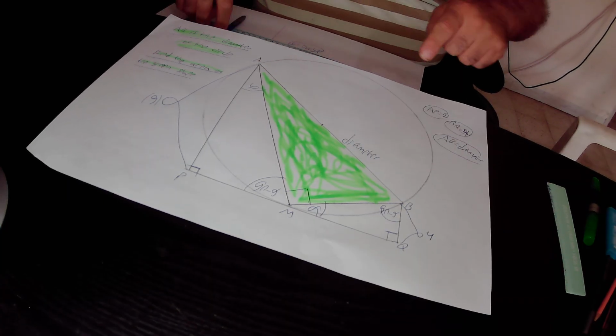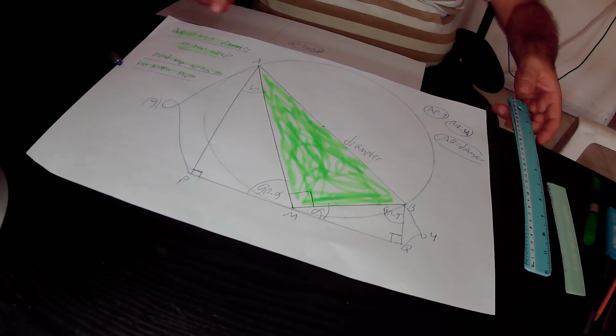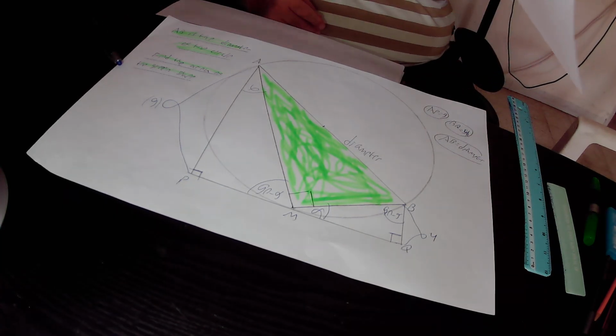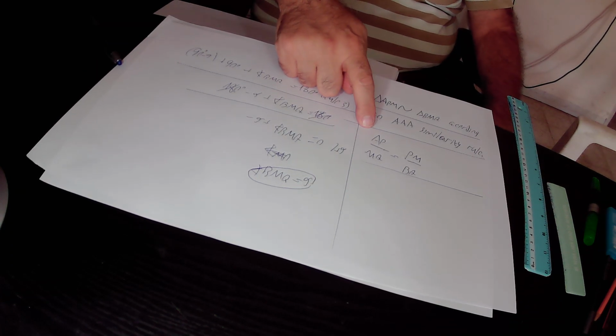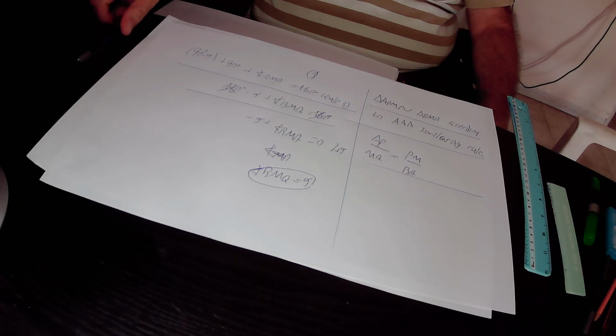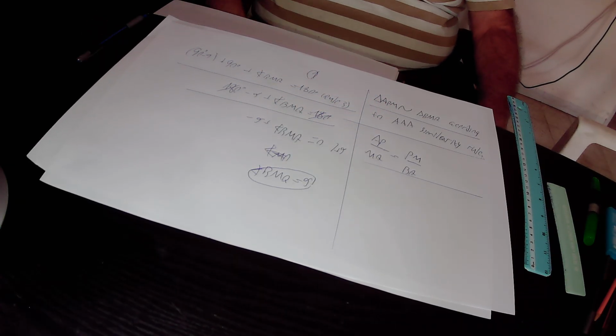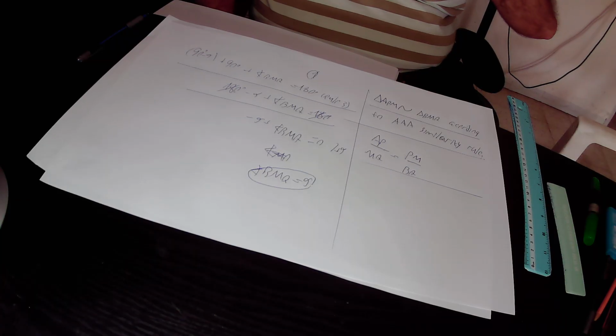And again, from the fact that those two right triangles are similar, we derive that side AP of the big right triangle APM over side MQ of the small right triangle BMQ is equal to side PM over side BQ.